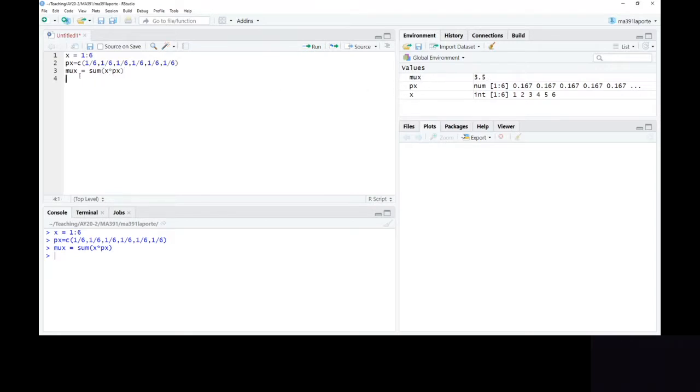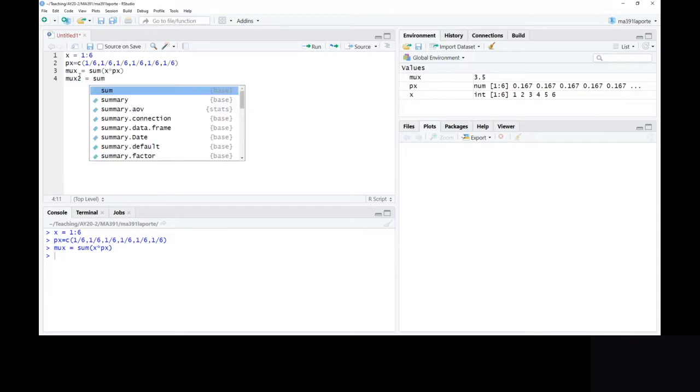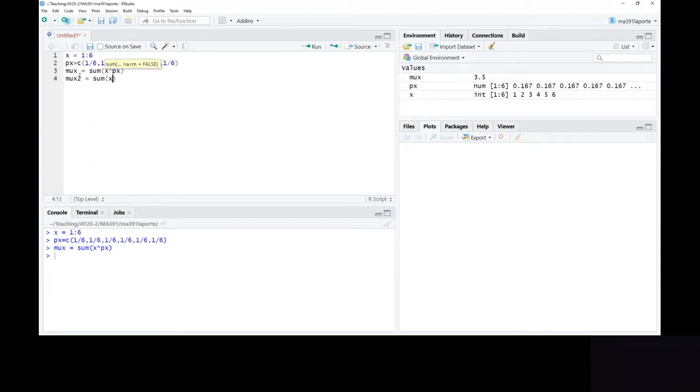So look over here. And mu x2 is equal to the sum of x squared times px. So mu x squared was that 15.166 number that we saw. And then v, so the variance of x equals mu x2 minus mu x squared.